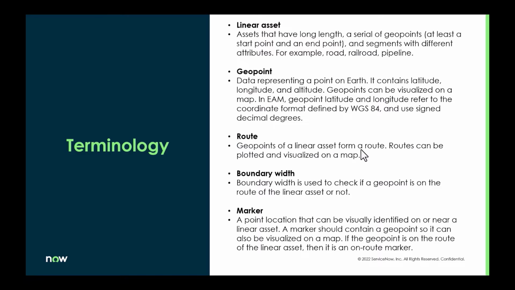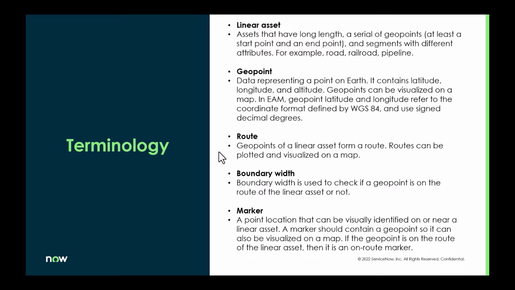Geopoints of a linear asset form a route. It can be visualized on the map. Boundary width determines whether a geopoint is on the route of the linear asset or not. Every linear asset is expected to have a width, like a road or railway, etc.